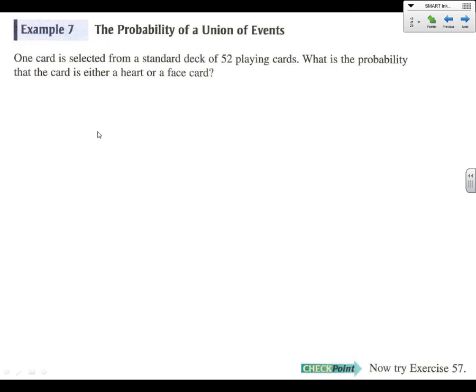So if we have a card selected from a standard 52 card deck, what is the probability we either get a heart or a face card? How many hearts are there? There's 13. Or means we're going to add up. How many face cards are there? Face card would be Jack, Queen, King, and Ace. So 4 out of 4 sets. So that's 16 out of 52.